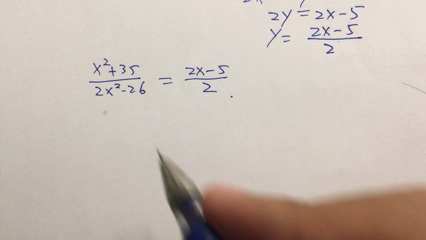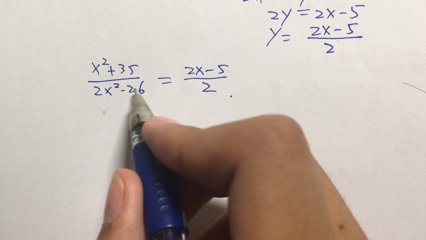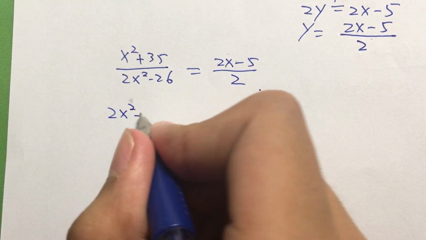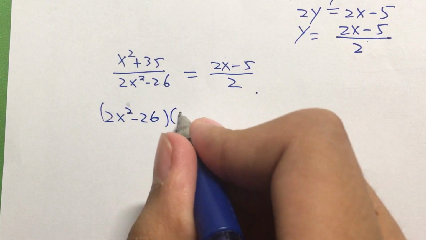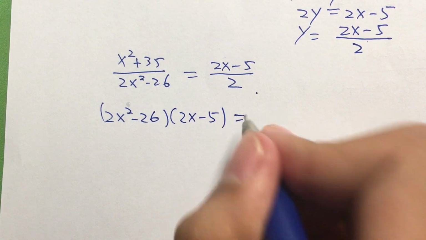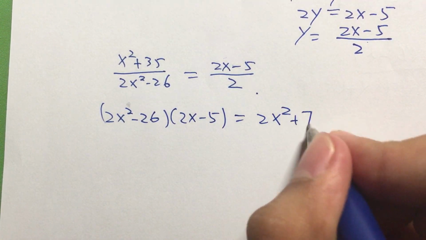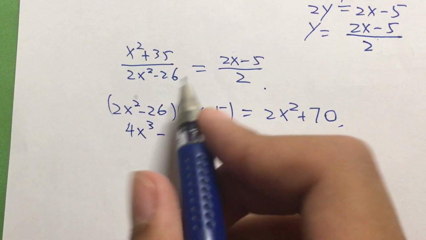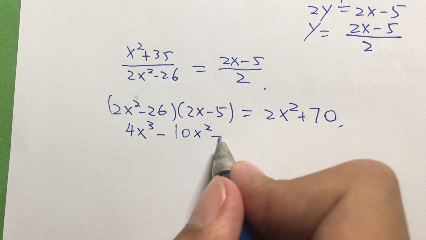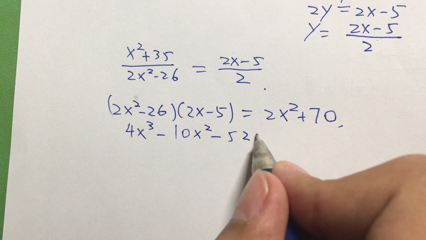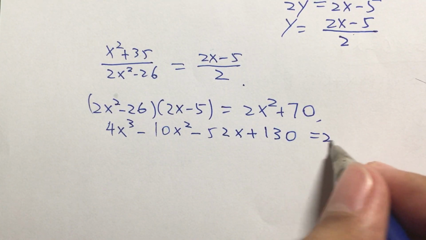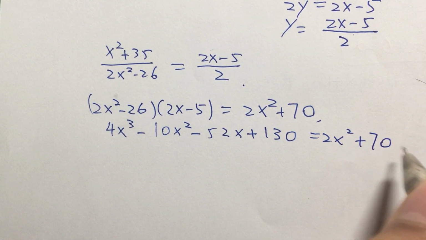So now, how do we do this? Well, it seems like cross multiplying is an easy way. So let's do it. 2x squared minus 26 times 2x minus 5 equals 2x squared plus 70. And here we can get 4x cubed minus 10x squared minus 52x plus 130 equals 2x squared plus 70.